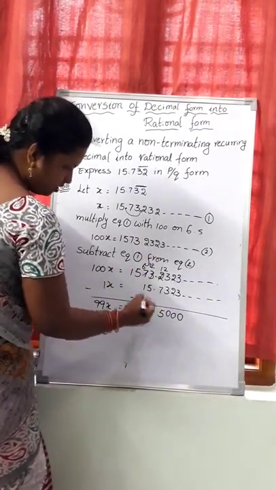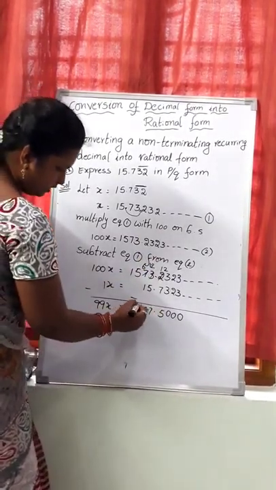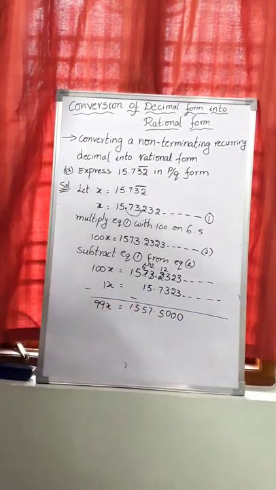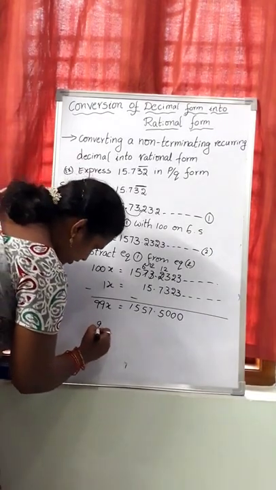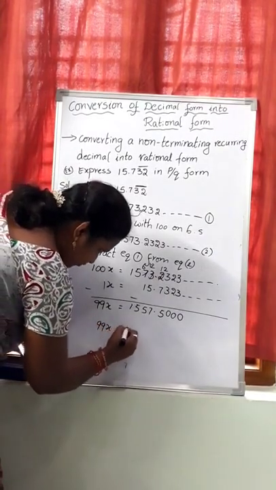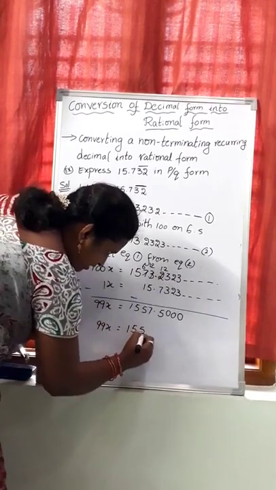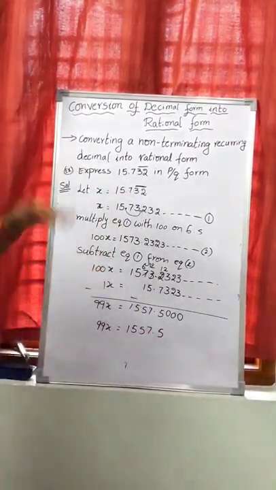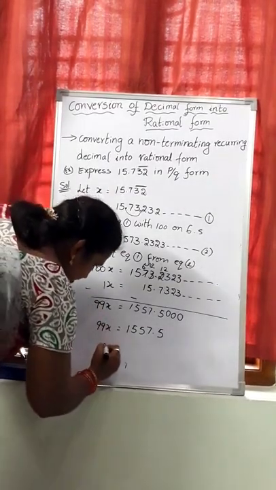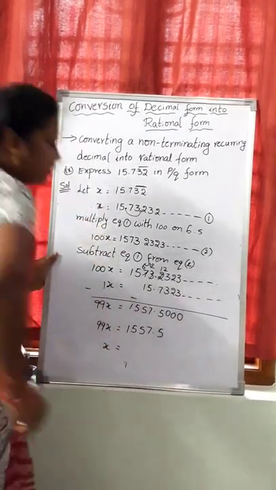Then 6 minus 1 is 5. That gives 1557.5. So 99x = 1557.5, and now we have to take this 99 to the other side.